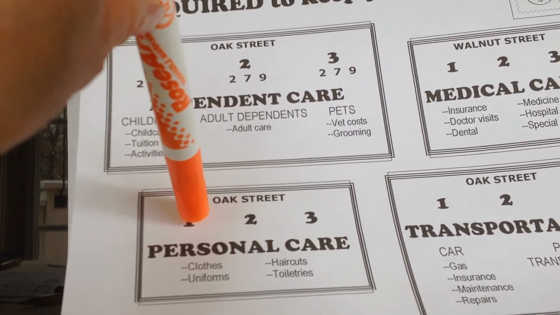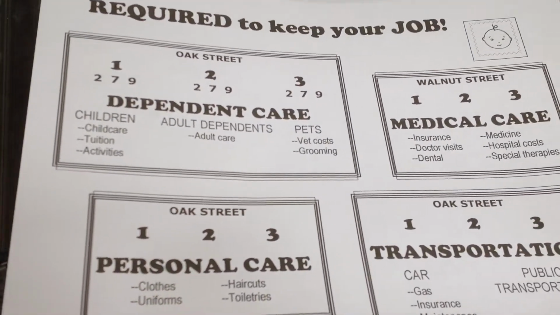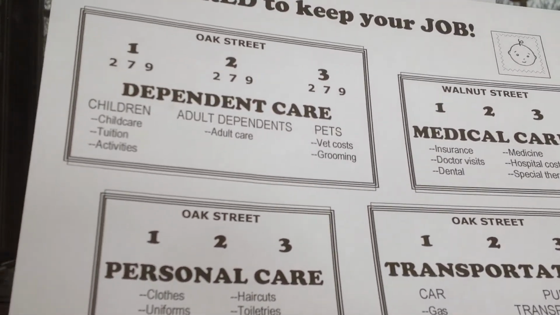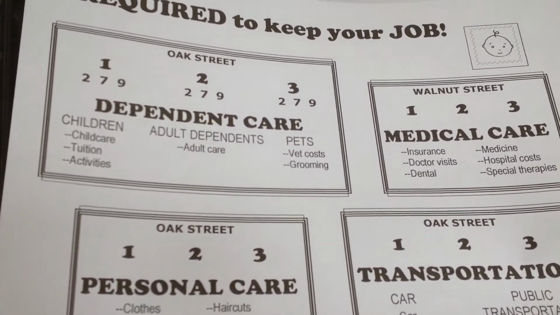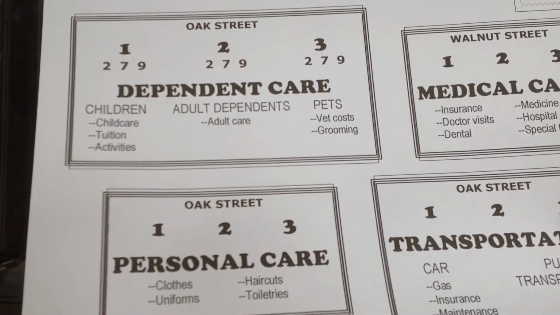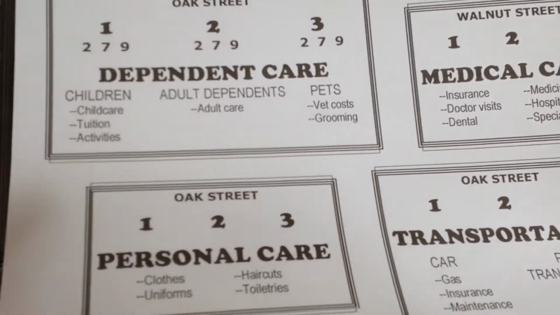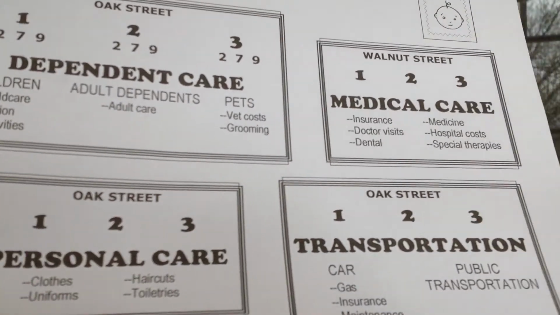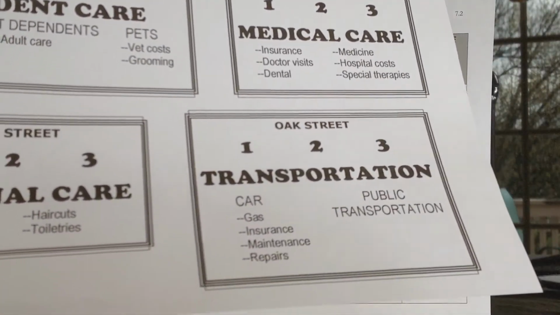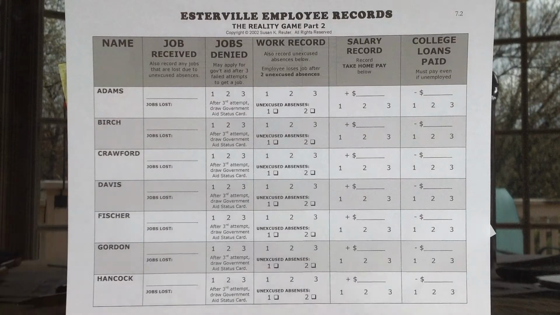There's a certain stamp marker or a sticker that you'll be using to designate that those needs were taken care of. And all of those needs were taken care of at different stations before they got to you. So dependent care, personal care, medical care, and transportation all are important to keep their job for various reasons, as we explained in the pregame discussion.